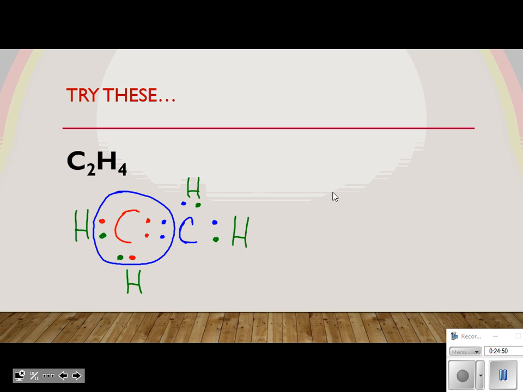Okay. So now, if I'm drawing this out, I put something like that. Because I have the H is single bonded, the carbon is double bonded.